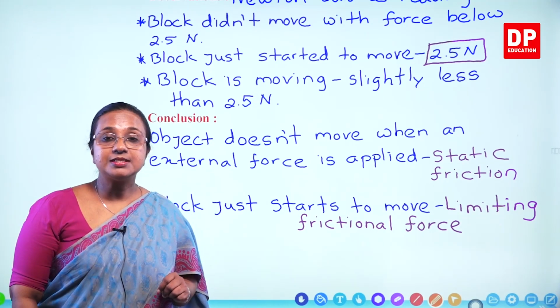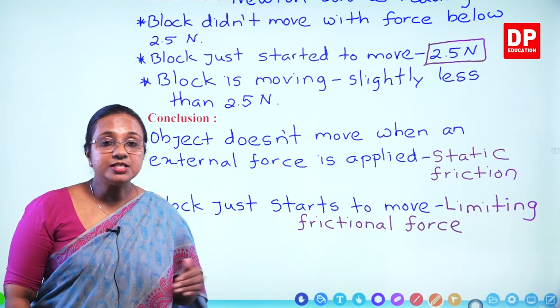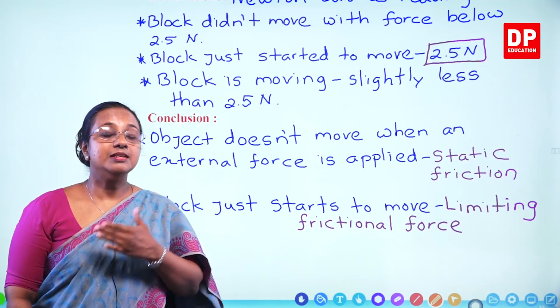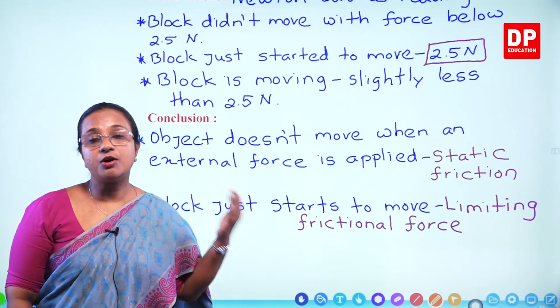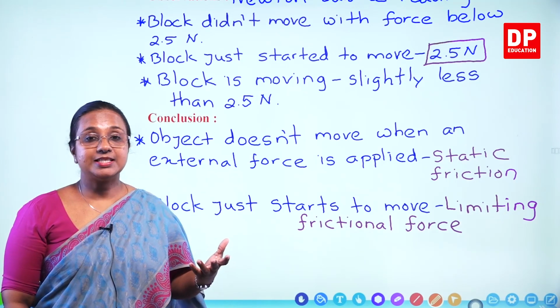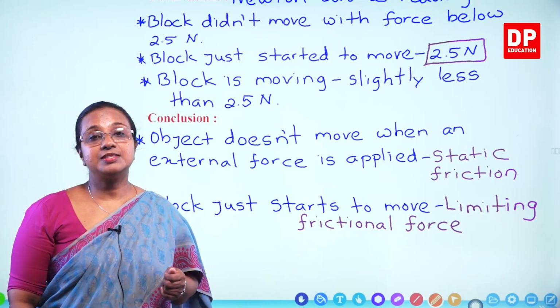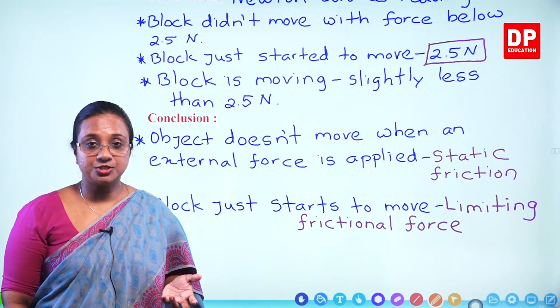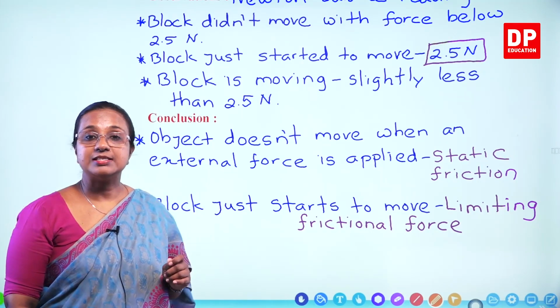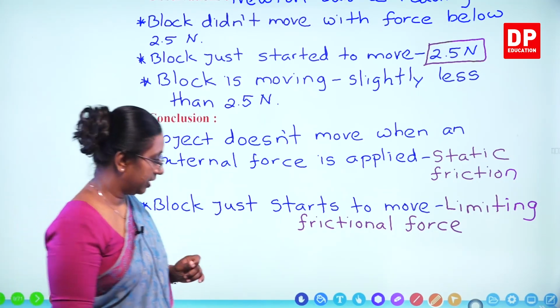Then what is the third instance? The block is moving, but it doesn't slide off or skid off the table. Why is that? Still the surface is exerting a friction. That is known as the dynamic friction.